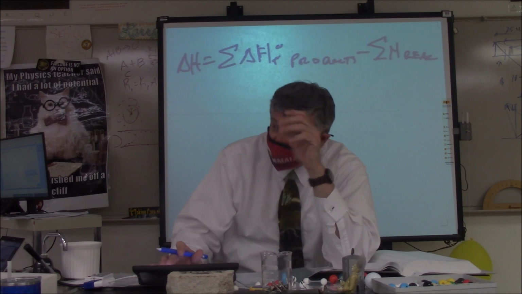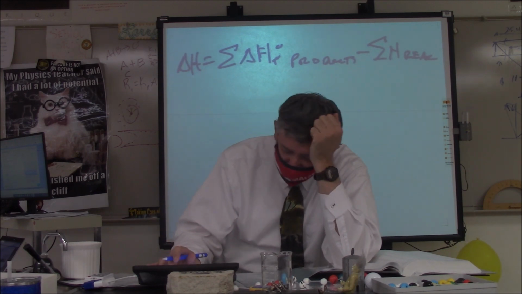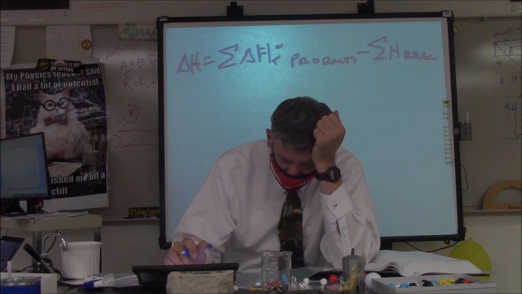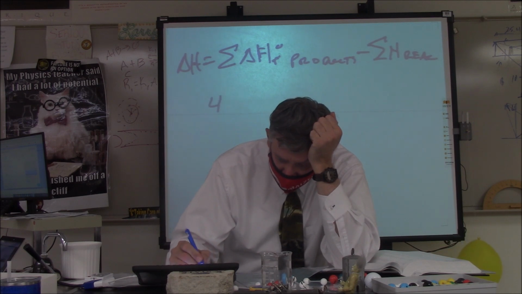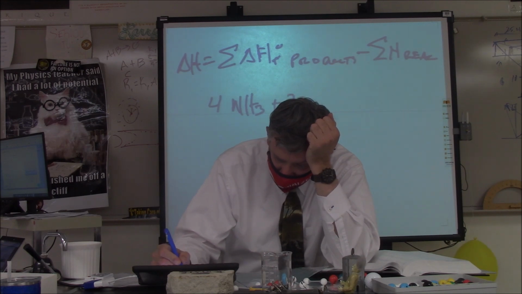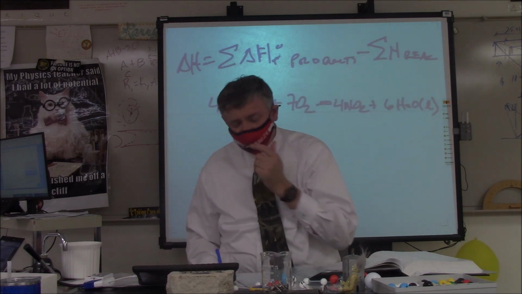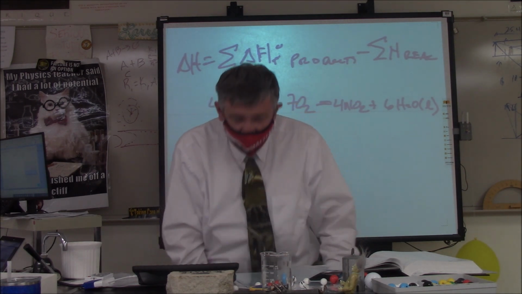Okay, there you go. Oh, thank you. So here's how you're actually going to do this, okay? So let me rewrite the equation. So you got 4NH3 plus 7 oxygens. So here's all you got to do.